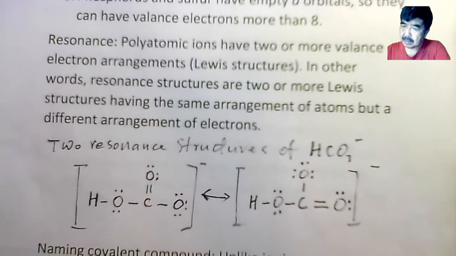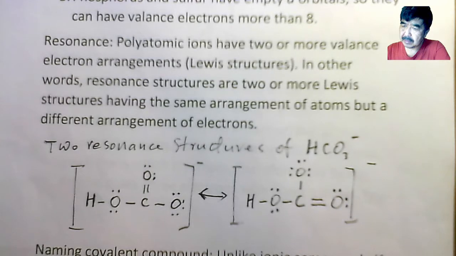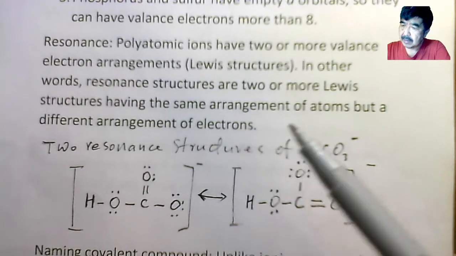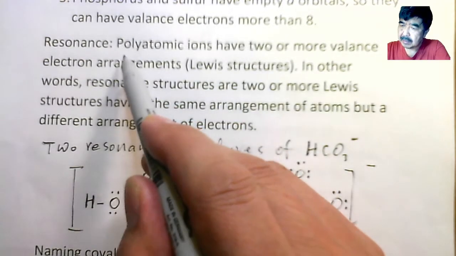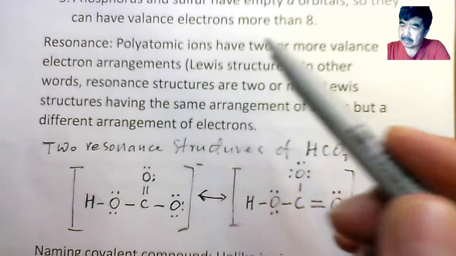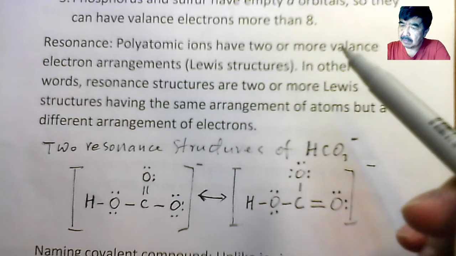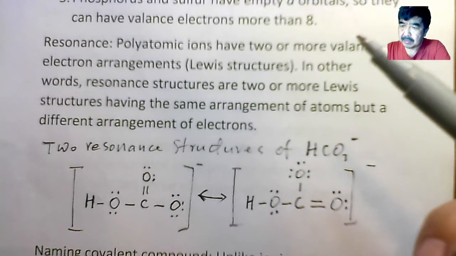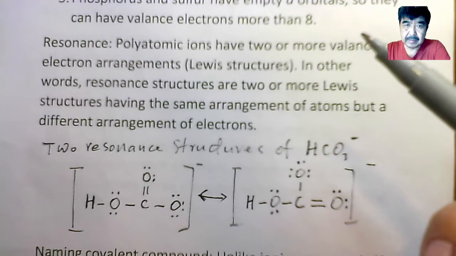The last thing we talk about is resonance. Polyatomic ions can have 2 or more valence electron arrangements.